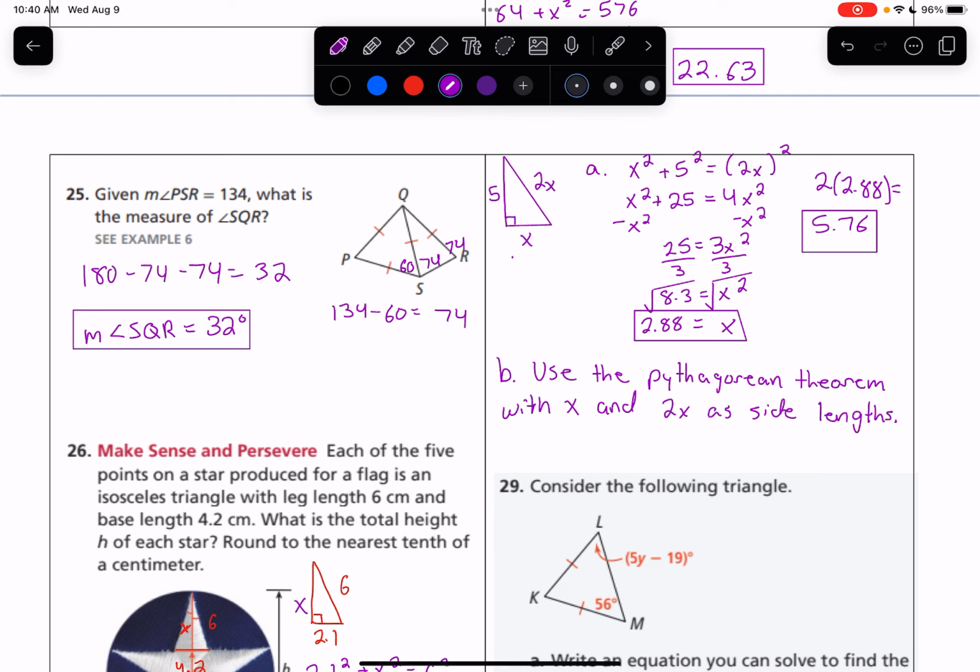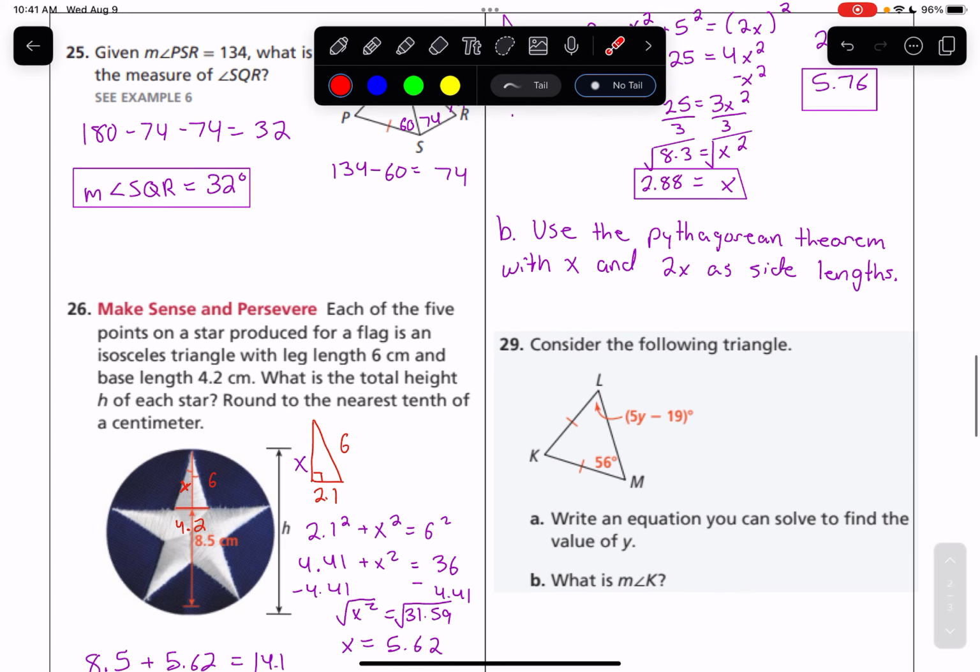Alright, that's kind of a tricky thing that you might not see the first time through, but you can always take an equilateral triangle, split it down the middle, and call this side x and this side 2x every single time. That could help you solve other problems.